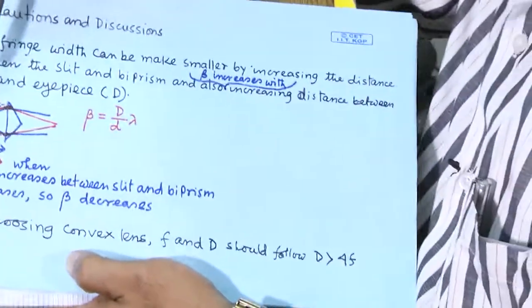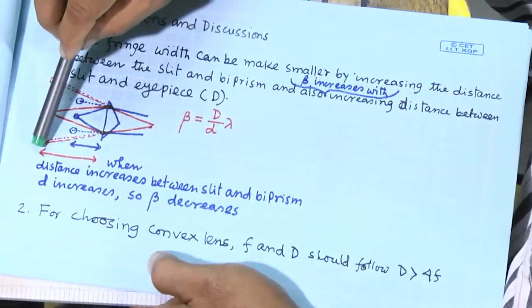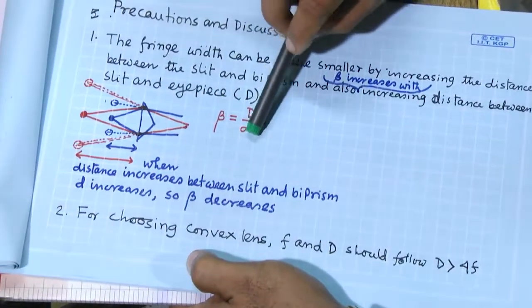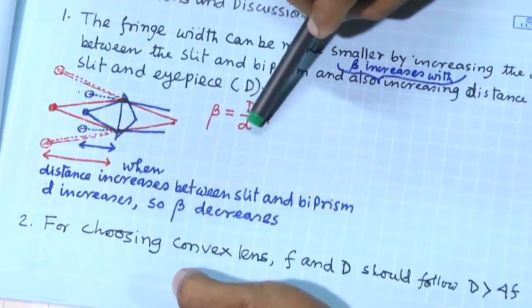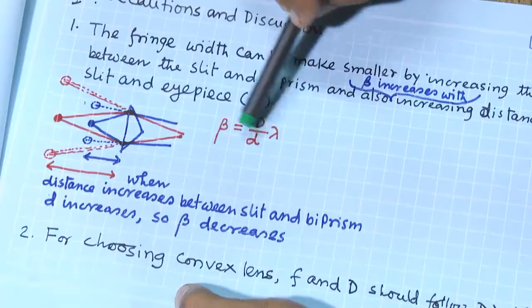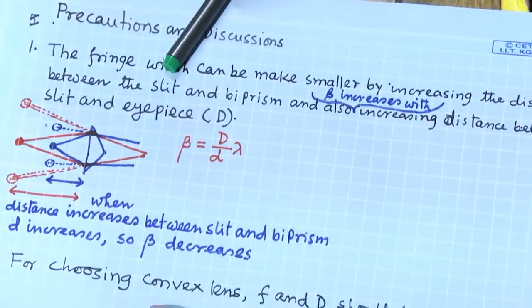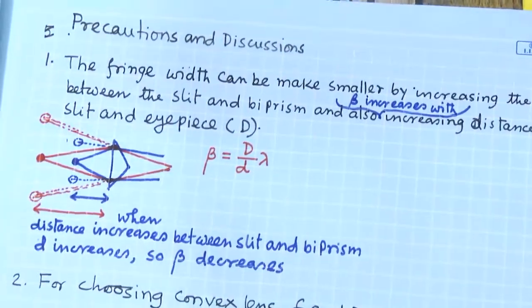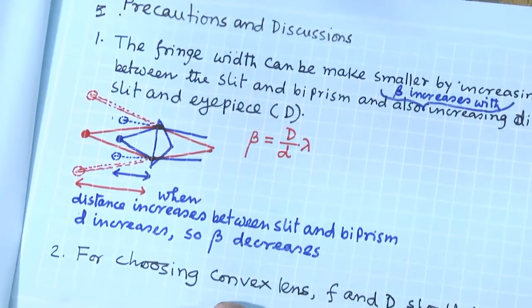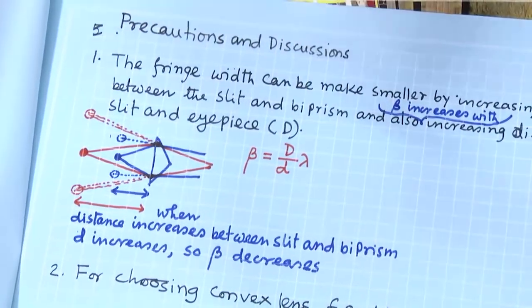Their separation depends on the distance between the source and the bi-prism, and you have to find a suitable source distance, meaning the distance between the virtual sources, because fringe width also depends on d. If d is very small, then beta will be very high. So in the eyepiece you may not see many fringes, so one has to optimize.